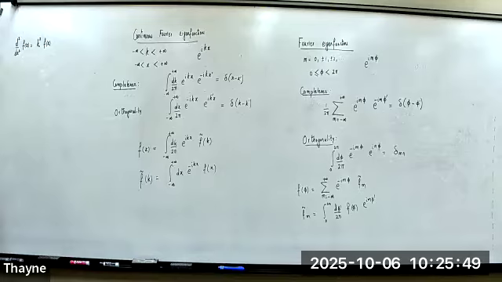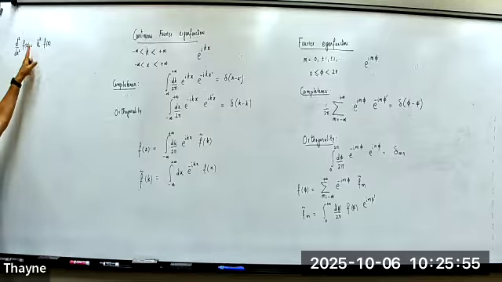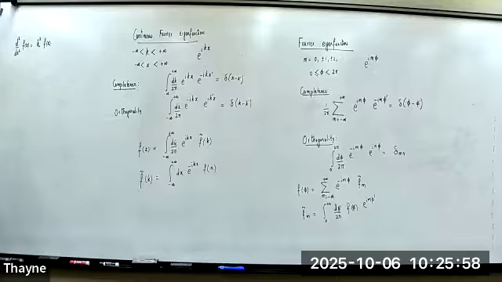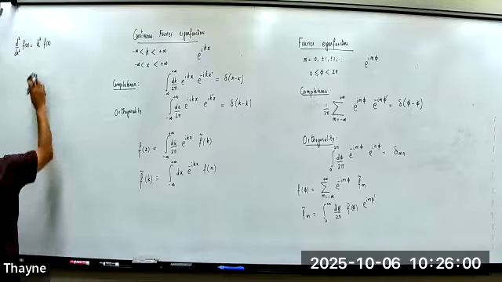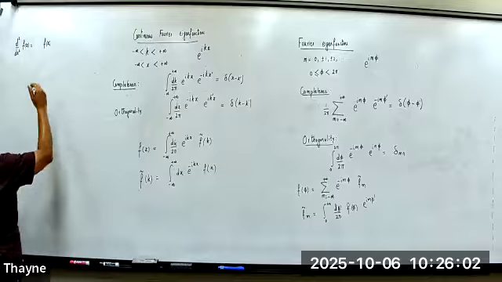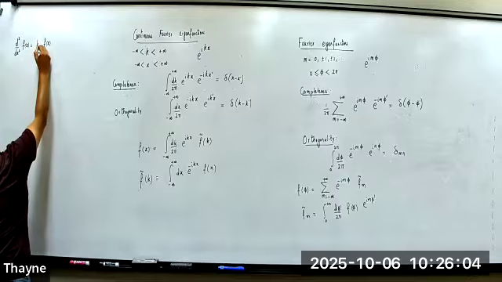e to the k naught x. Yeah, k naught x. Yeah, so this is k because I expect k itself to show up.